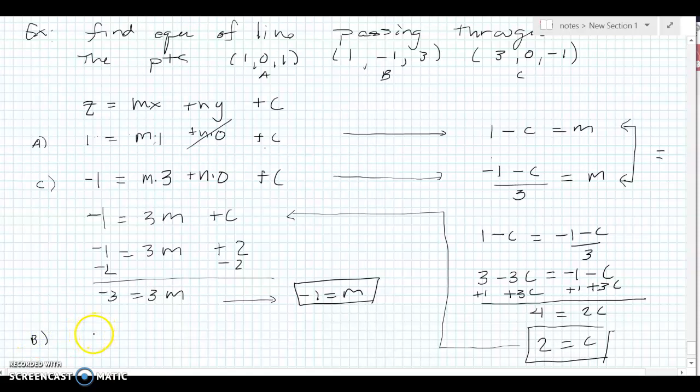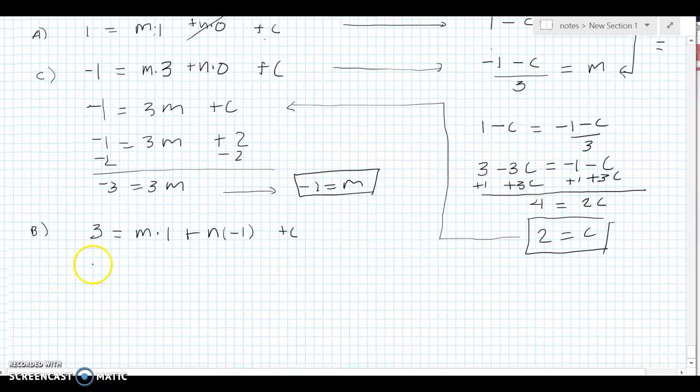What is b? b says z is 3 equals, there's the m, x is 1 plus n, y is negative 1, and plus c. Okay, so I get 3 equals m minus n plus c, but I'm going to put the m in, and I'm going to put the c in.